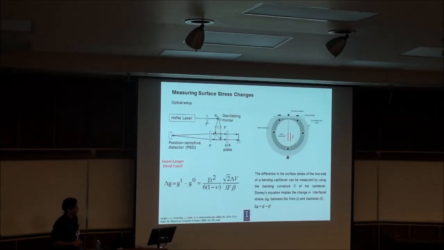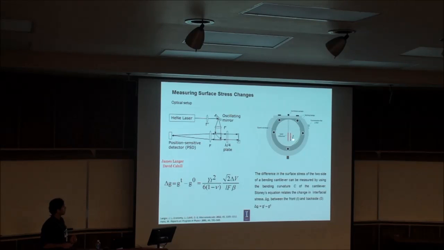Okay, with that, I'm going to explain how we measure the mechanical changes on the surface of the anode material in lithium-ion batteries. This is the setup we use in David Cahill's lab, and Jim Langer was the student who showed me how to work with this instrument and helped me a lot at the beginning.